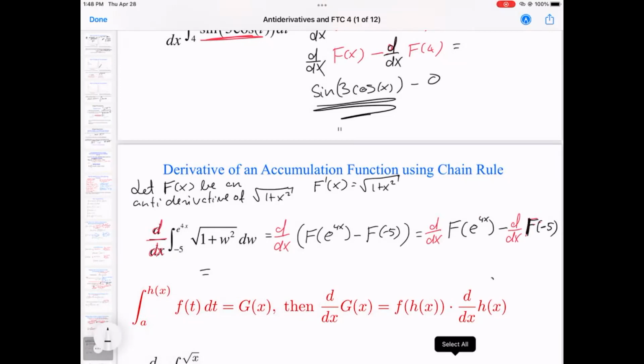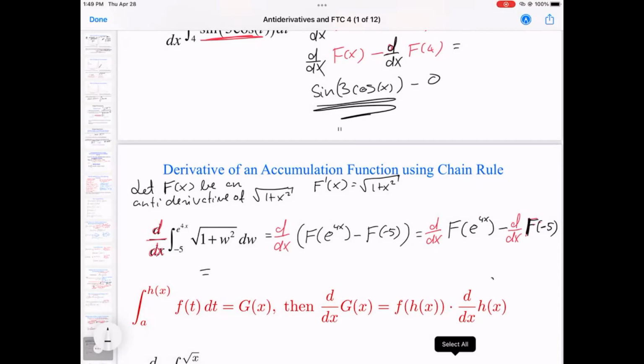We have to use the chain rule, because I have an inside function here.